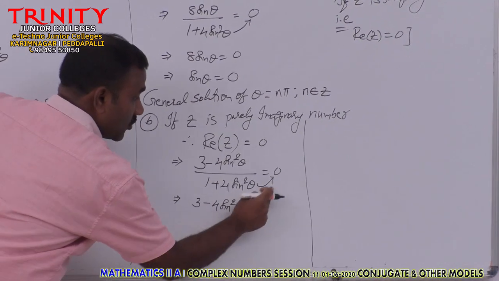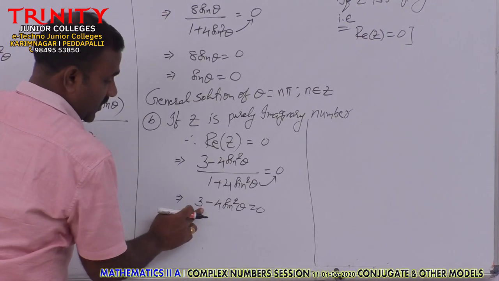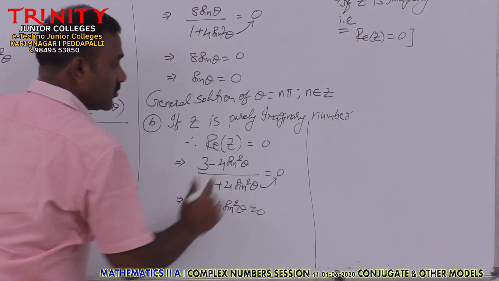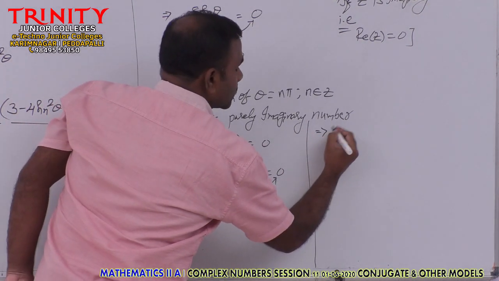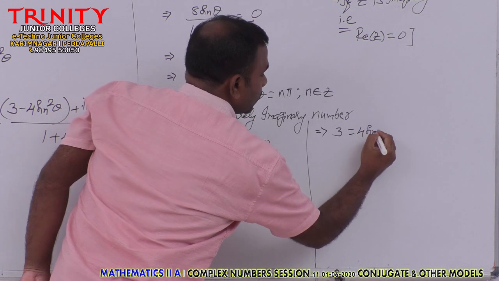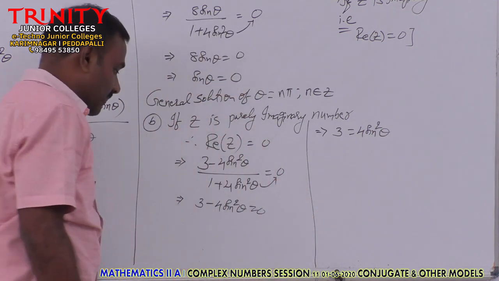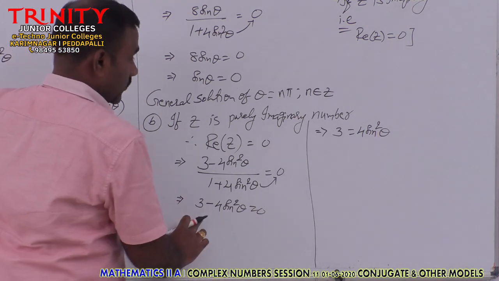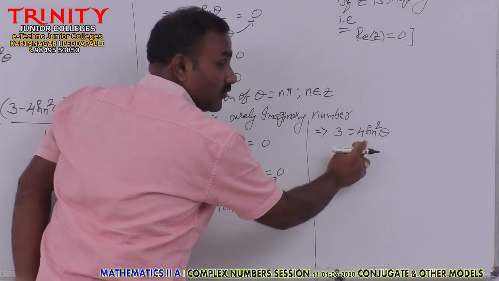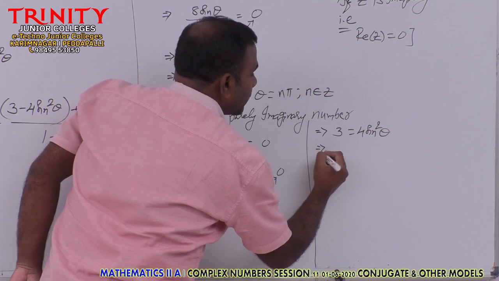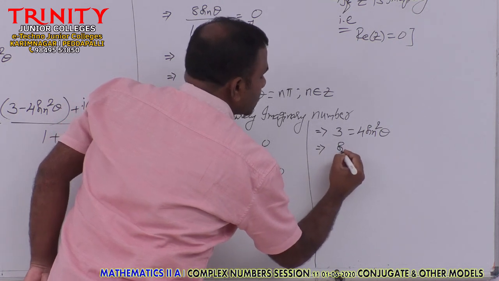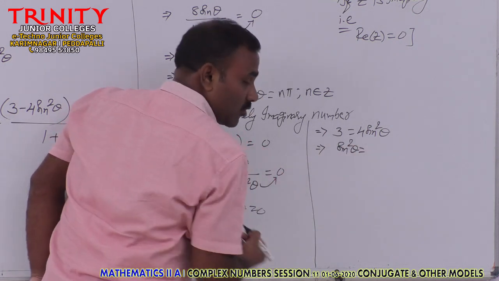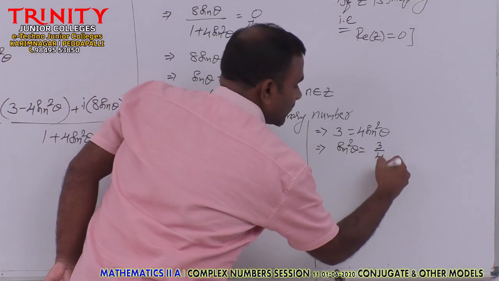Why? Because 0 into something is 0. It becomes 3 is equal to 4 sine square theta. We are taking minus 4 sine square theta to the right side. Therefore, sine square theta is equal to 3 by 4.